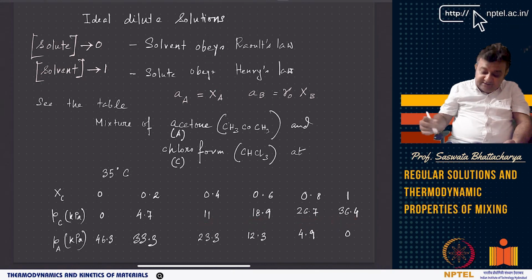It is increasing. So as you increase chloroform, the vapor pressure due to chloroform is increasing from 0 to 36.4 kilopascal. On the other hand, that for acetone goes from 46.3 when there is 0 chloroform, that is pure acetone. The vapor pressure reduces to 0 when acetone becomes very, very small.